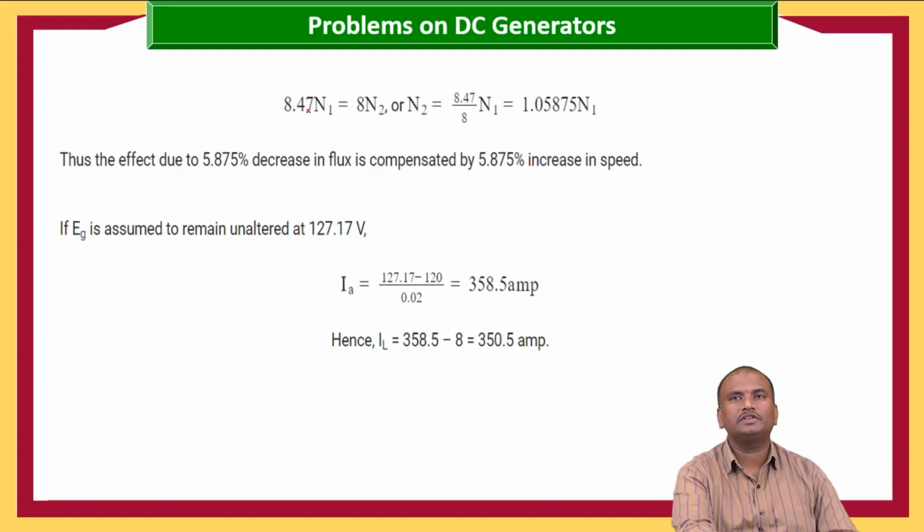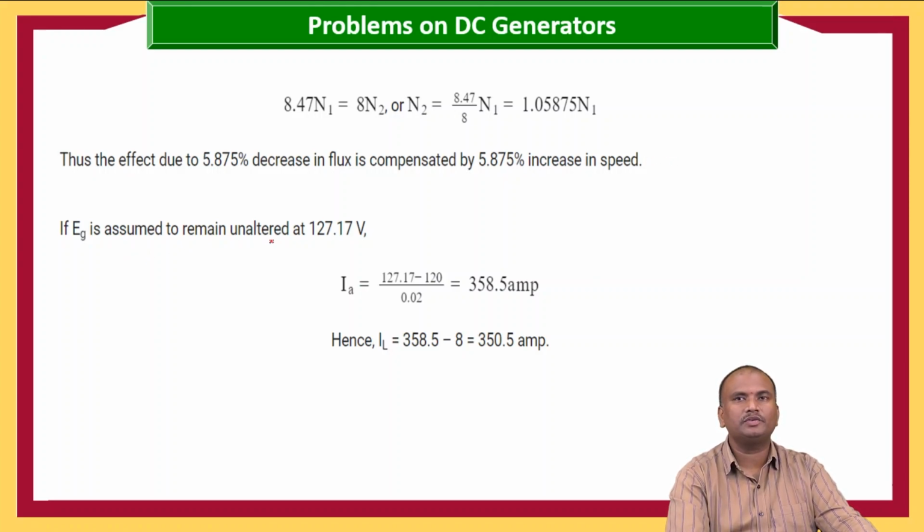So N2 is equal to 8.47 by 8 into N1, which is equal to 1.05875 N1. Thus the effect due to 5.875 percent decrease in flux is compensated by 5.875 percent increase in speed.